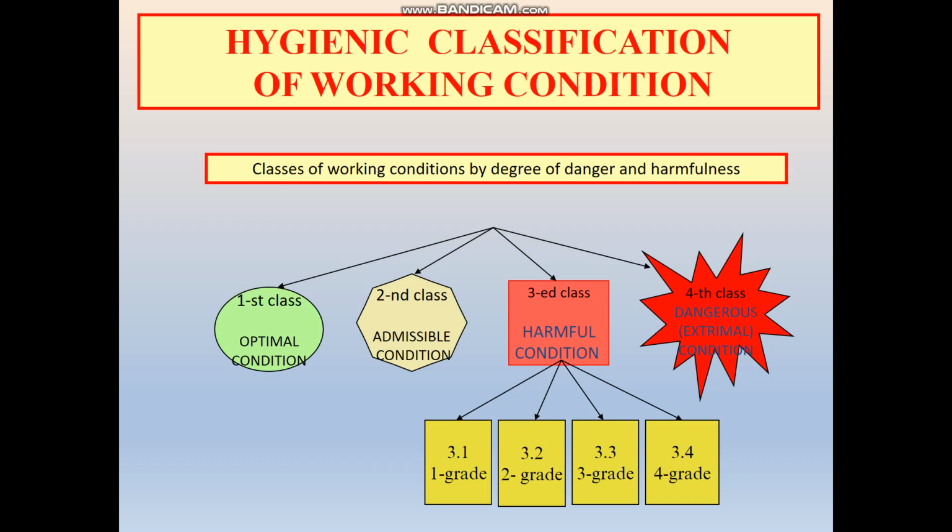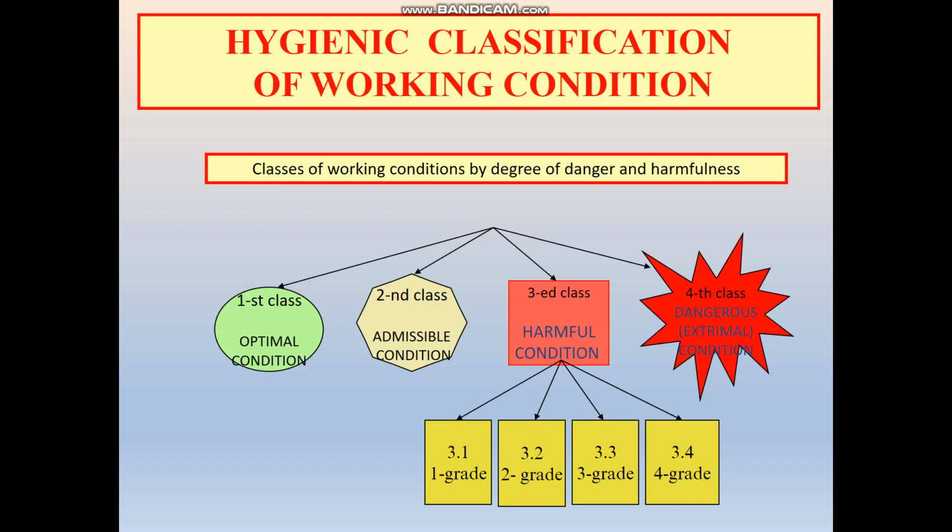Second degree of type 3 are working conditions in which harmful production factors can cause persistent functional changes in the human body. Working in this condition may lead to an increased rate of occupational disease, characterized by permanent loss of work capability or by involvement of the most vulnerable organ and system, development of initial signs or early stage of occupational disease caused by prolonged exposure to harmful factors.